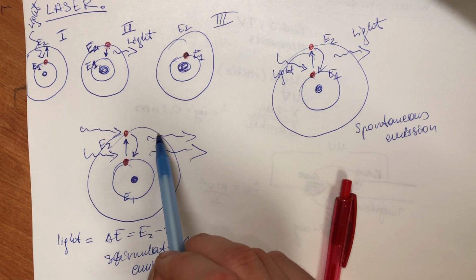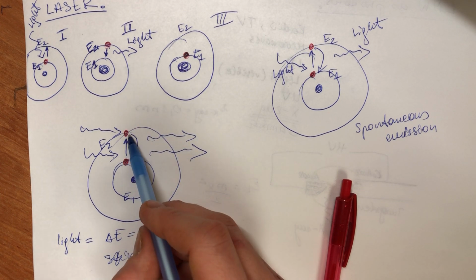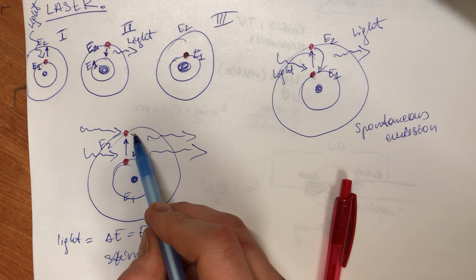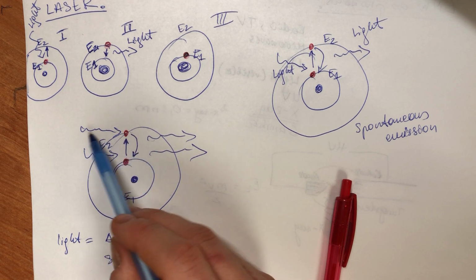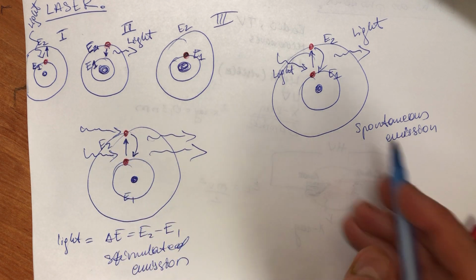So it means that if there are more electrons in this E2 state, any ray that is coming here produces more.